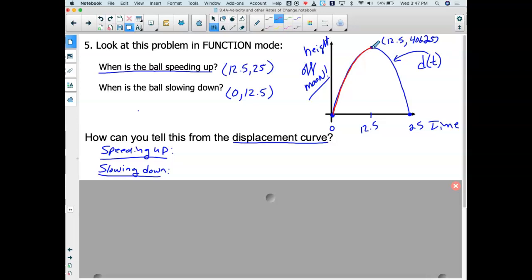How would I look at that and say I'm slowing down? It's the steepness of the curve. I'm going from steep to less steep. The slope of my tangent lines are getting flatter as I'm coming in. So I'm slowing down when tangent lines are getting less steep.